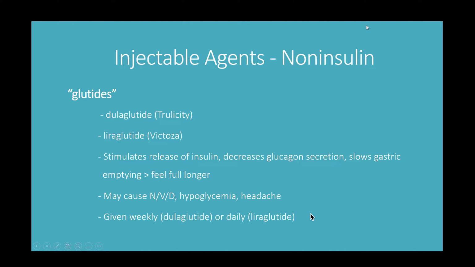So again, there are some injectable agents. These aren't insulin injectables, but they affect the body, like stimulating the release of insulin from beta cells or decreasing glucagon secretion, slowing gastric emptying, which then provides them with a fuller feeling so they don't take in as much glucose.